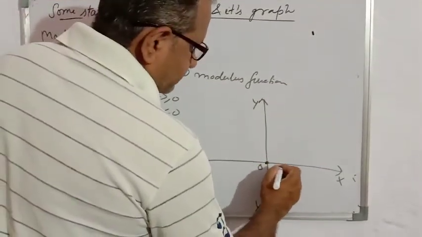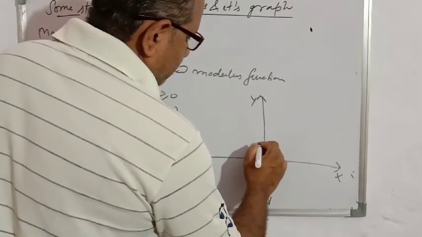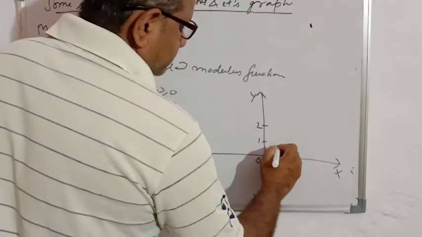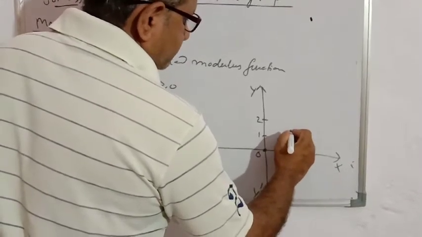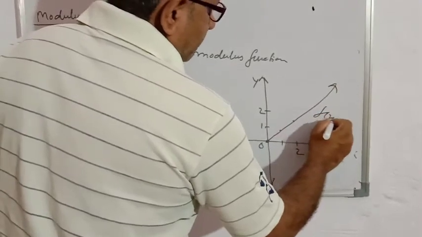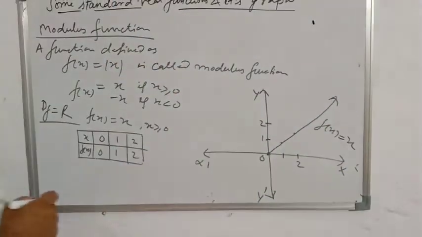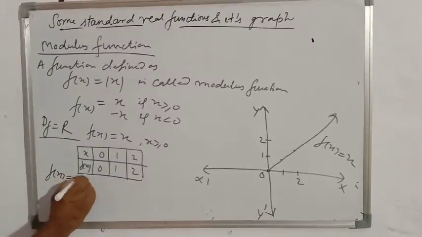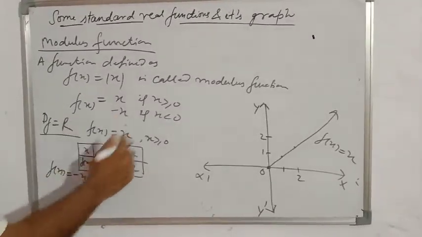So we will get these points. So this is the graph of f(x) equal to x. And the second one is f(x) equal to minus x.